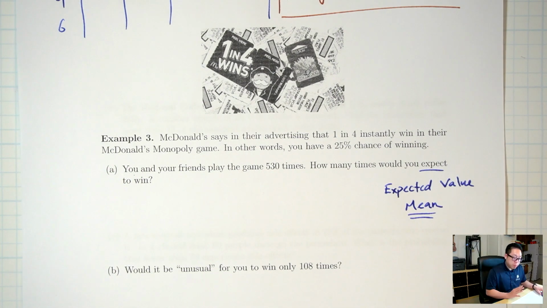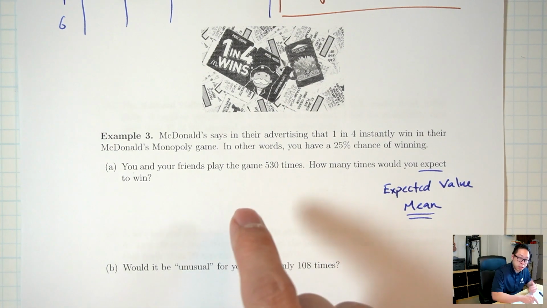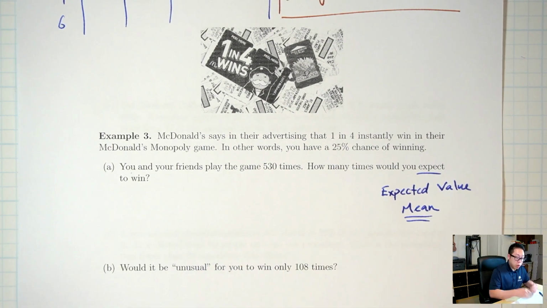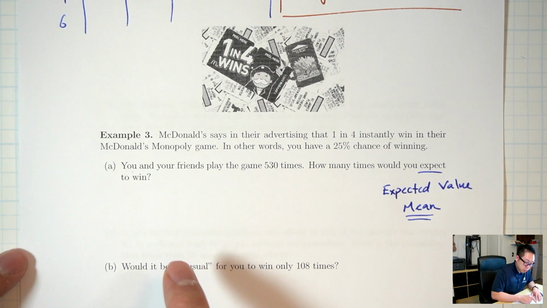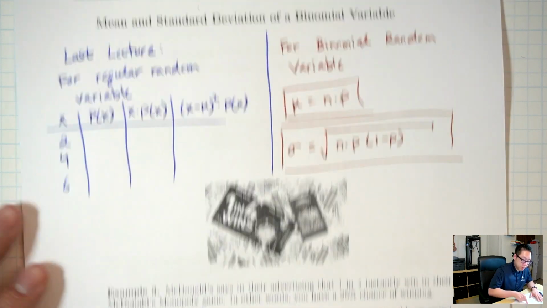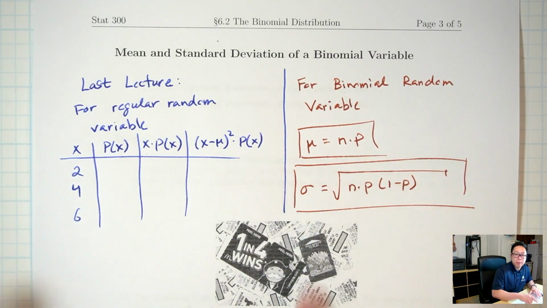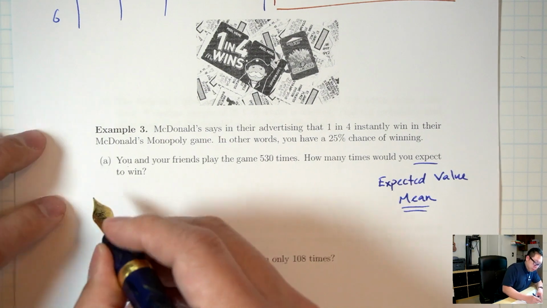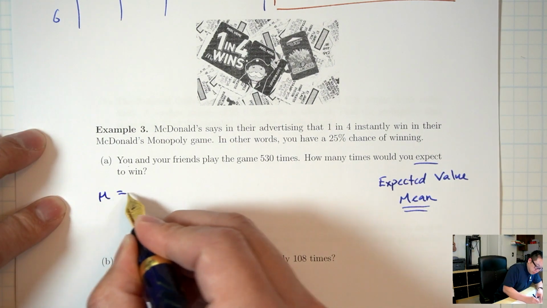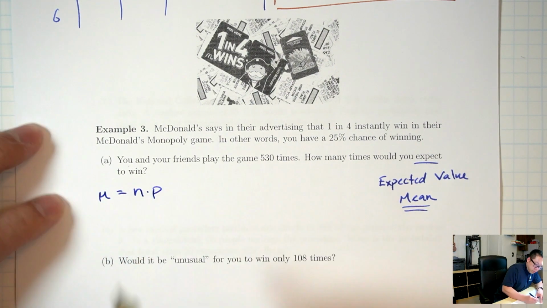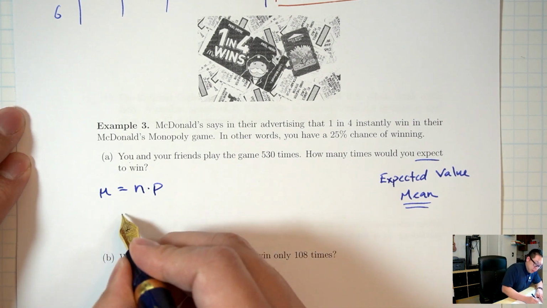So we do have a binomial situation here, right? We're playing this game 530 times, so the number of trials is fixed. We are interested in how many times we win, so we are interested in the number of successes. So this is a binomial situation. And to find the mean, use this formula. What is n and what is p here?